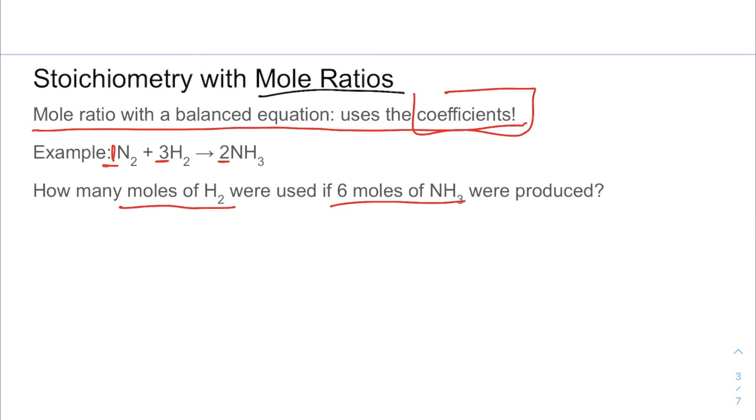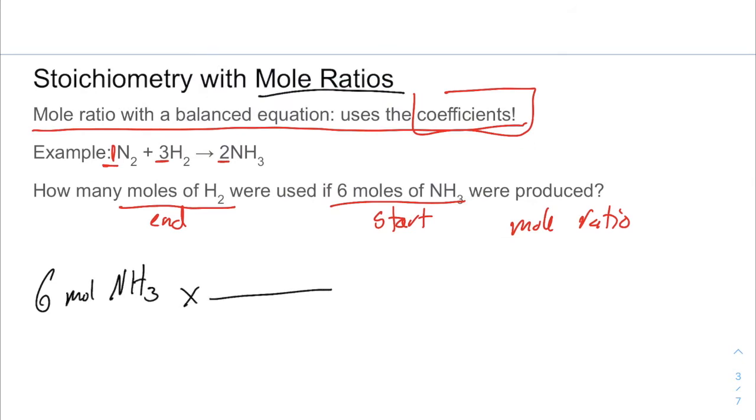So we're starting with moles of NH3. That's the unit we're starting with, even though it's a product, and we're ending with moles of H2. We already know that when we're going from moles of one thing to moles of another, we're using a mole ratio. I'm going to do the exact same thing that I've been doing. 6 moles NH3, that's my start, multiplied by a conversion factor.